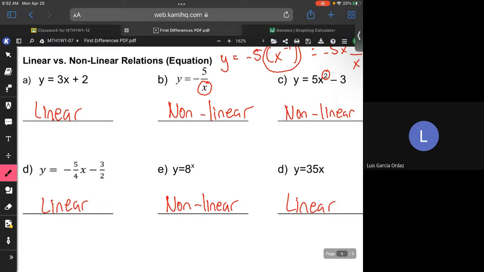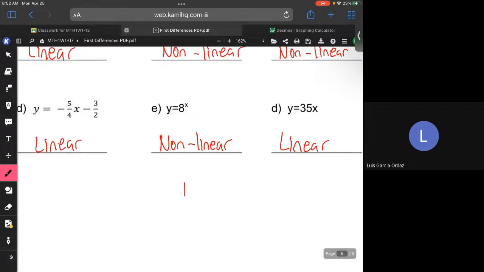Okay? What's wrong with that is your graph is going to look like this. Is that a line? No. So it all depends on the exponent. I said your exponent has to be 1. Did I say your exponent can be x?